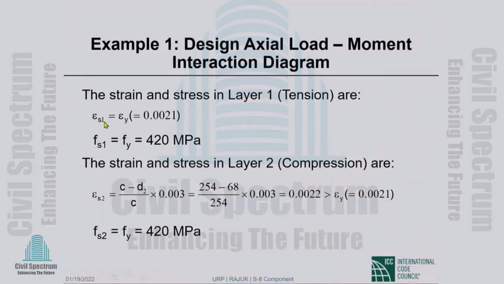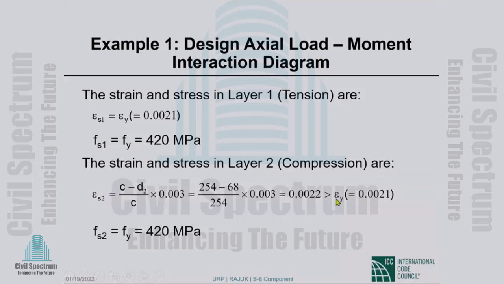The strain in the tension steel is given as the yield strain, 0.0021. So the tension steel is yielding, and the stress in that is 420 MPa. The strain and stress in layer 2, the upper layer of steel, the compression strain by straight line strain distribution is 0.0022.